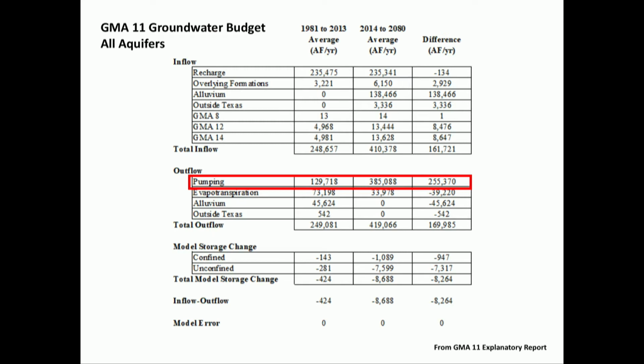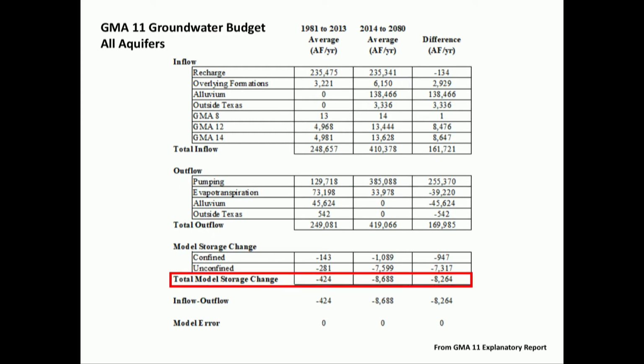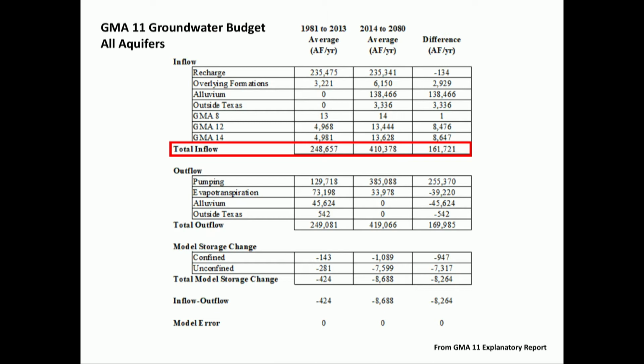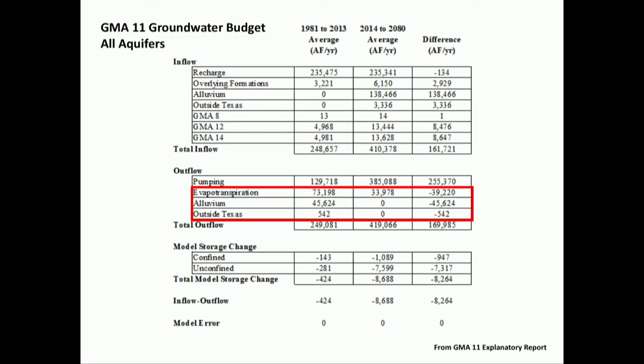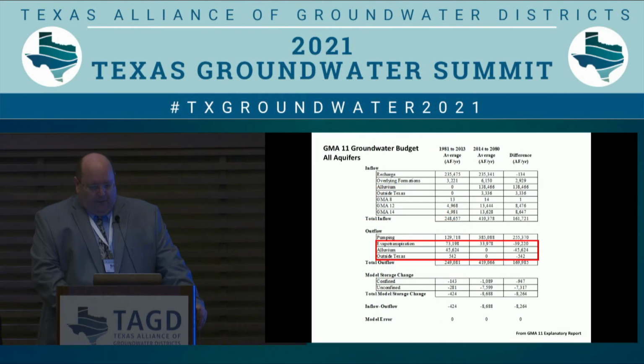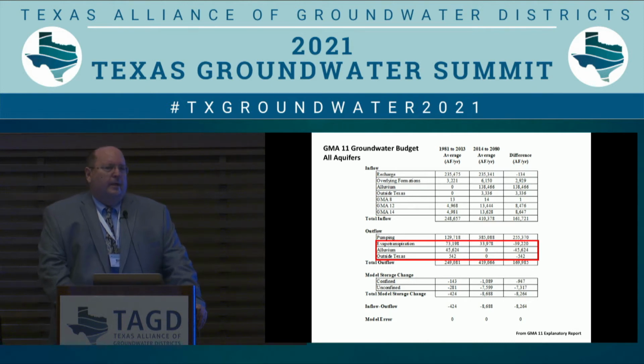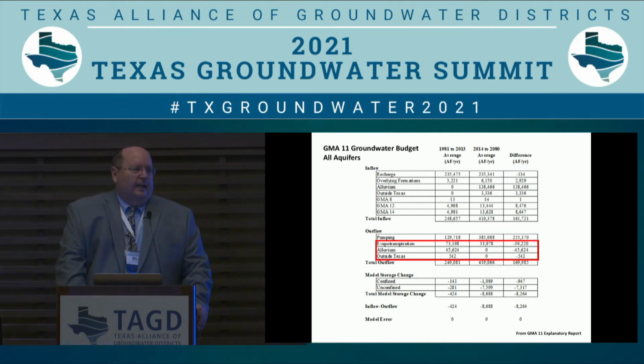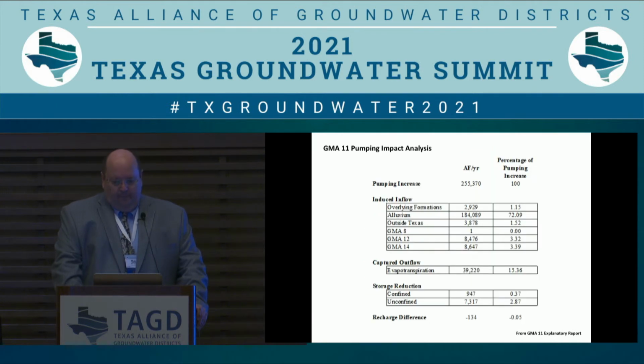What happens as a result of that? Well, storage change is relatively small, only about 8,000 acre feet on average. The inflow increases about 161,000. And then the natural outflow components are fairly substantial, but not significant like the inflows are, and certainly higher than the storage change.